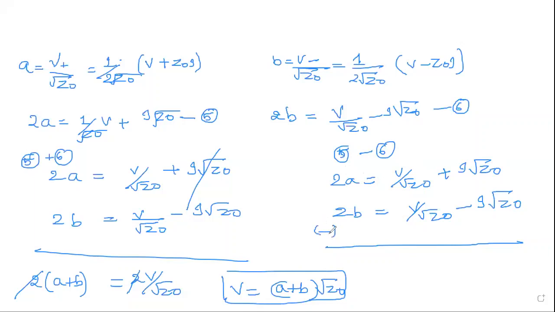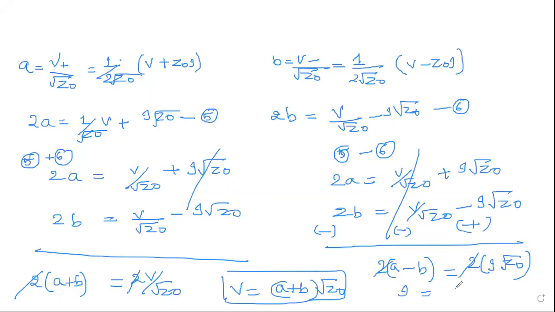So if you subtract it, you will have the voltages cancelled. You'll have 2 times a minus b, which is equal to 2 times of I into square root of Z naught. 2 and 2 will get cancelled. You will have I is equal to a minus b divided by square root of Z naught. Consider this as equation 7, this as equation 8.